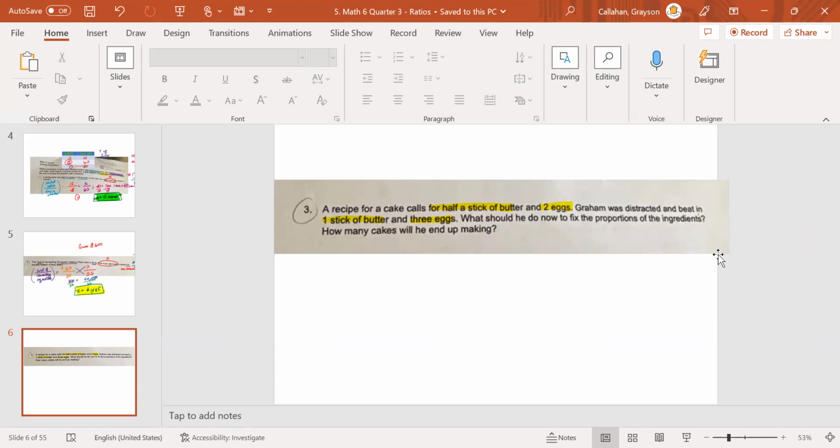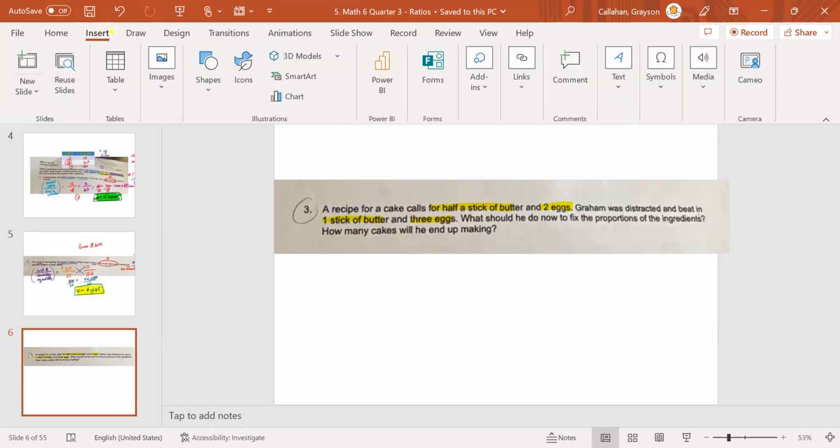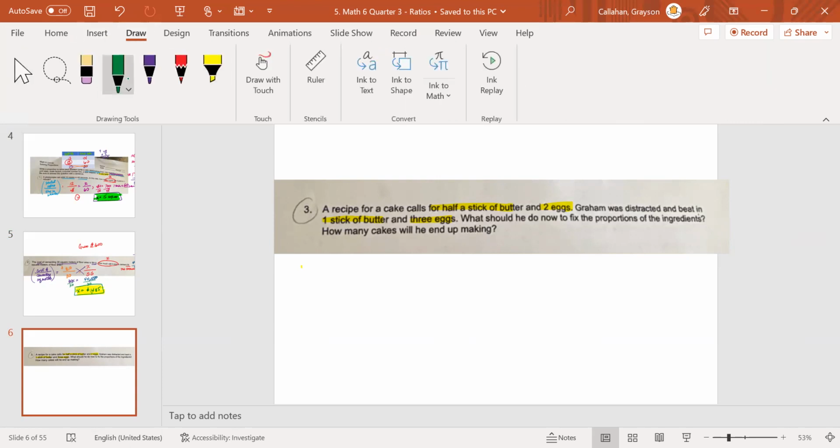What should he do now to fix the proportion of the ingredients? How many cakes will he end up making? Okay, so 1 cake. So here's your cake, right? 1 cake means you need to have half a stick of butter, right? And 2 eggs, right?